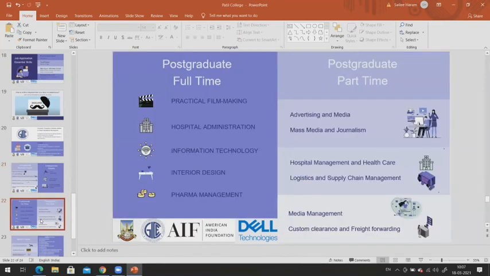We have full-time practical filmmaking, hospital administration, whereas there are a lot of courses in part-time as well. So you have advertising and media, media management, logistics and supply chain management. We also have a master's degree along with some other diploma courses as well.